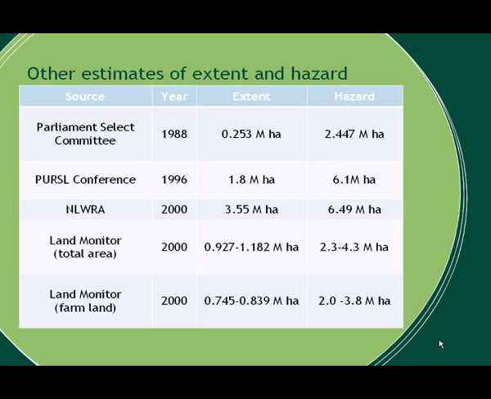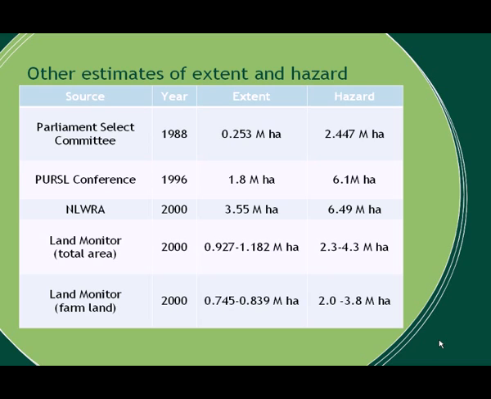Its area mapped salinity at 0.927 to 1.182 million hectares, or around about 1 million hectares, and the difference between those two numbers is areas of farmland where there's a permanent water cover or where there are lakes. So we use the 1.18 as the maximum, obviously.